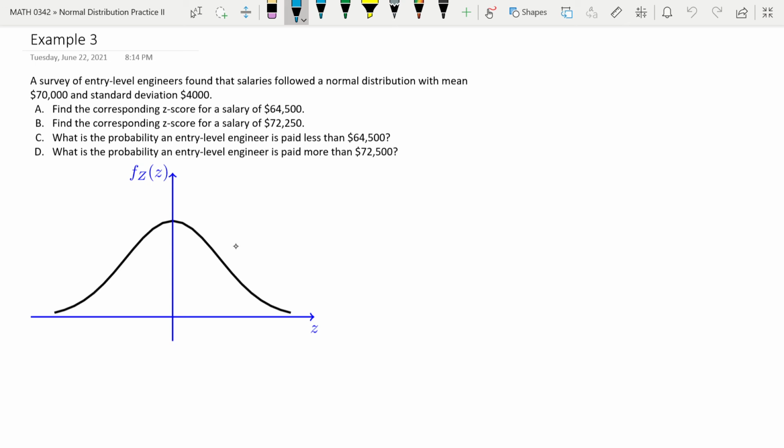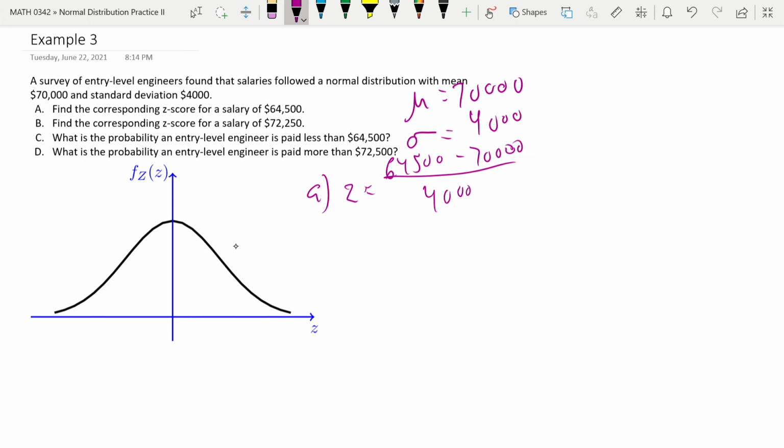So let's actually jot all this down here. I will use this purple. The mean is 70,000 and the standard deviation is 4,000. So first I want to find the z-score corresponding to this salary, 64,500. As we saw before, that's our x. So this z will be 64,500 minus 70,000 divided by 4,000.